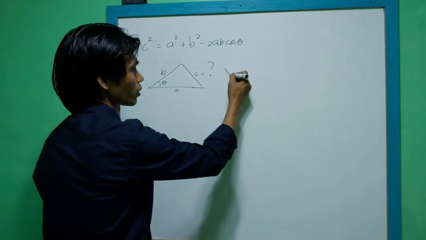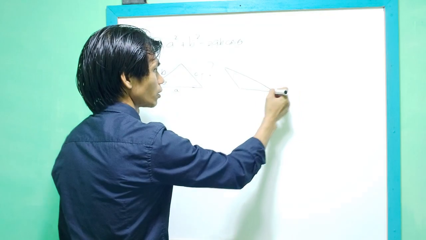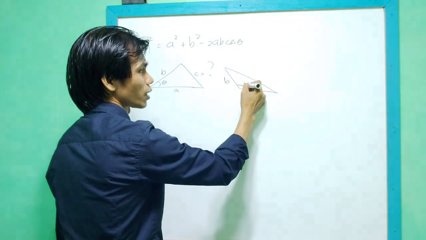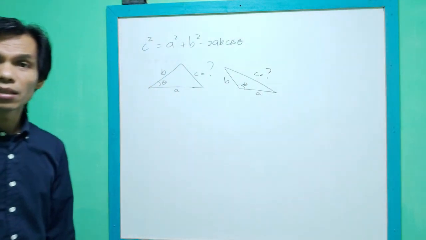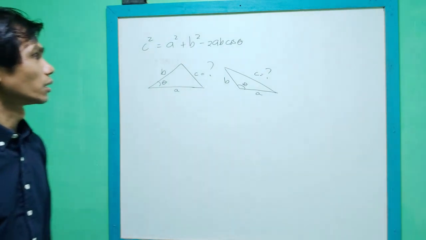Or, pwede rin ganito yung itsura niya. This is our A, this is our B, and this is the included angle theta, and we'll be looking for this C. So, you will be using the cosine law.